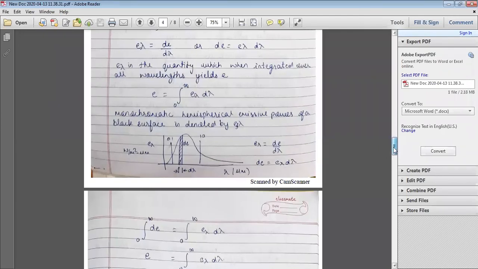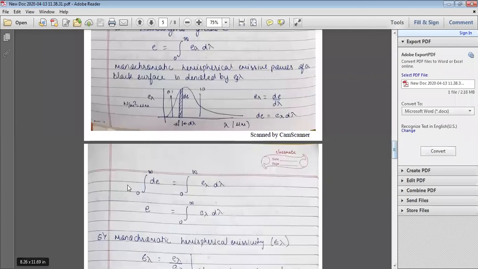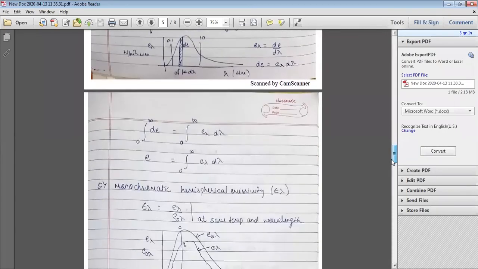When I integrate, the integration from 0 to infinity of dE is equal to the integration from 0 to infinity of E lambda d lambda. Integration of dE will be E with the same limits.